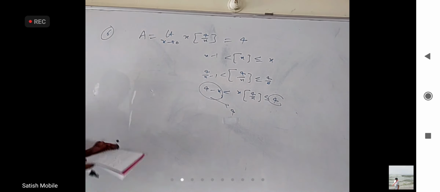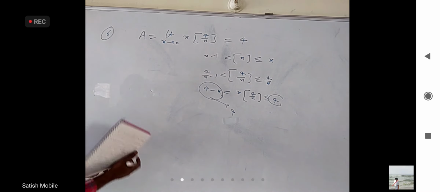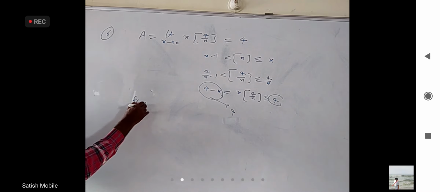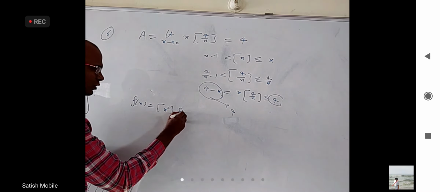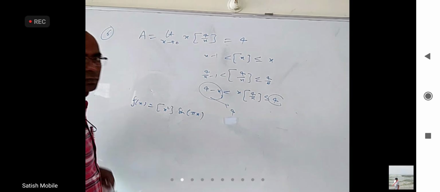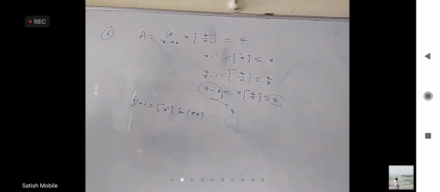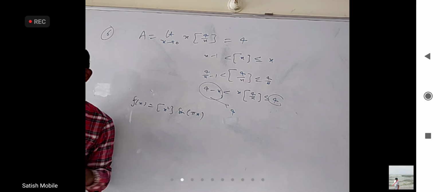Now they are asking about f of x is equal to integer part of x square into sine pi x, where this is discontinuous. Okay, we'll connect to it later on, but let us see thoroughly where it is discontinuous.